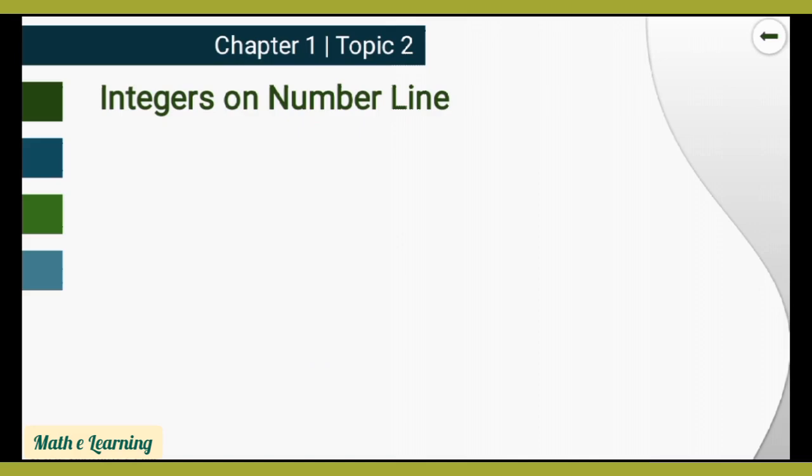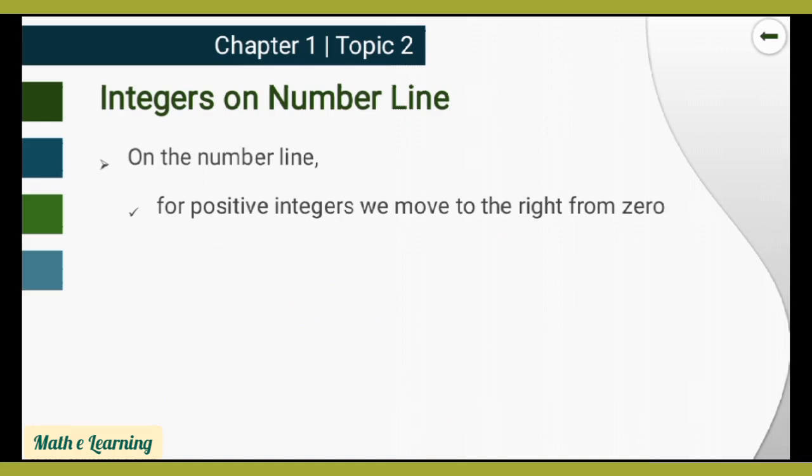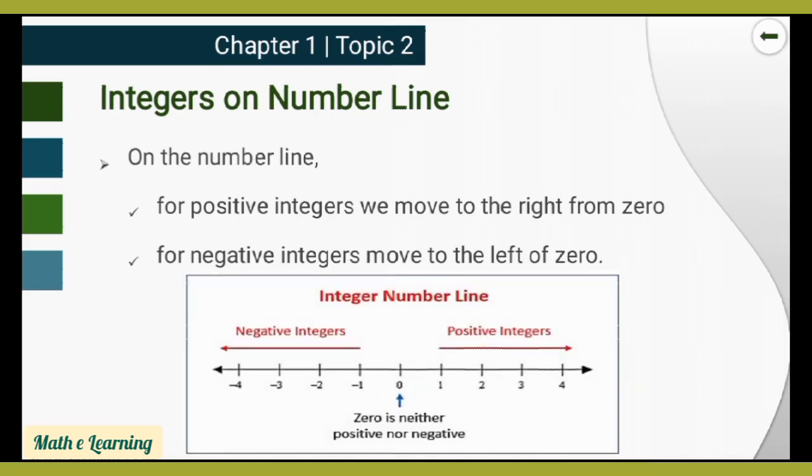Now how to represent integers on a number line? On the number line, we always represent positive integers on the right side of 0 and we represent negative integers to the left side of 0, and it is given in this figure.